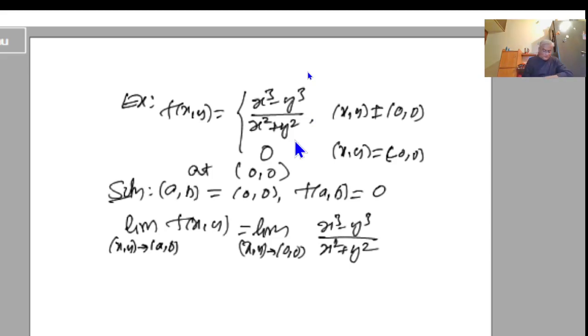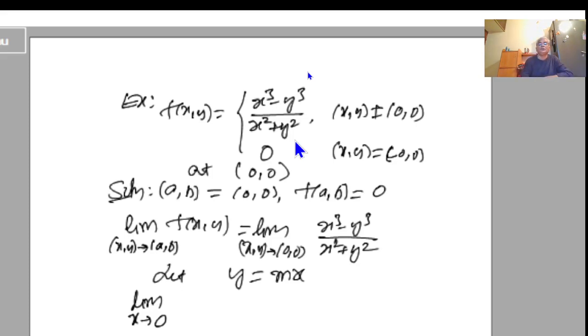Now we'll take along the line y equal to m x. So let y equal to m into x. Then the limit, I am converting y in terms of x. x comma y tends to 0 comma 0 means I am converting only in terms of x, therefore we take the limit as x tends to 0.